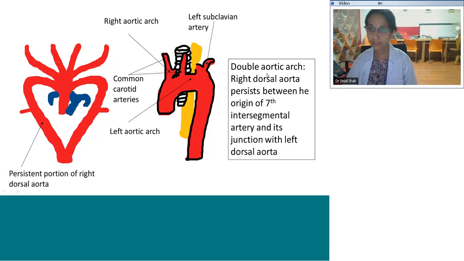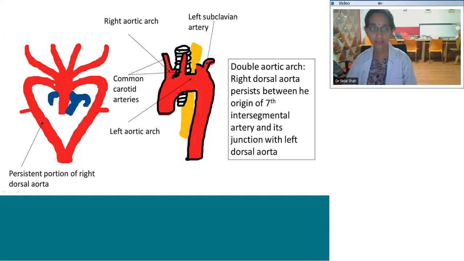Now coming down to the most interesting abnormality, which is the double aortic arch. So what happens in double aortic arch is, normally this part has to disappear. Again, the same part between the right 7th intersegmental vessel and the connection with the left dorsal aorta. The right dorsal aorta persists. Then it's going to be 2 arches, the left arch and the right arch.